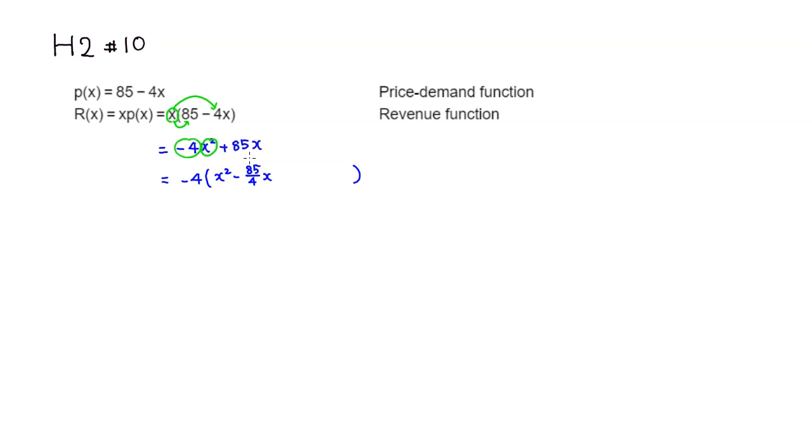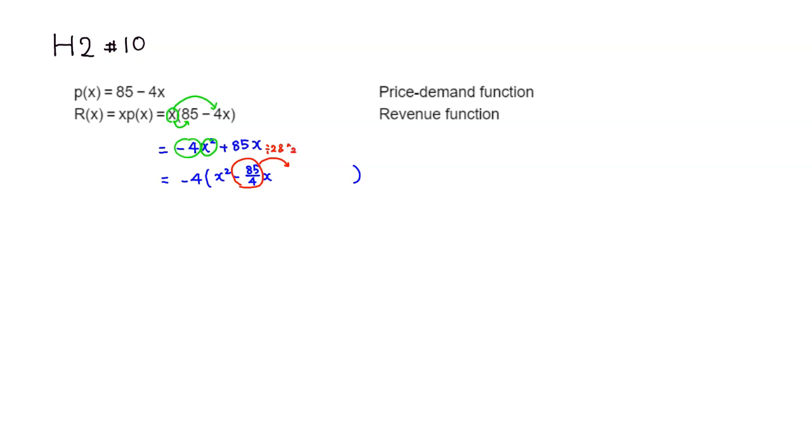In order to complete the square, we need the third term. Remember, take this number, divide by 2, then square that.